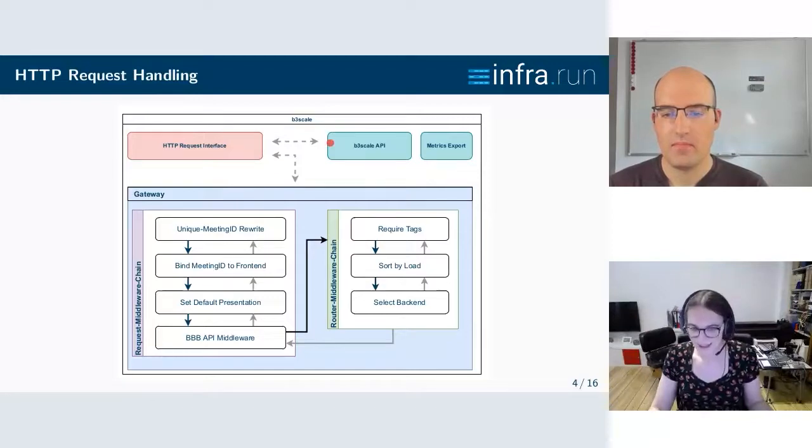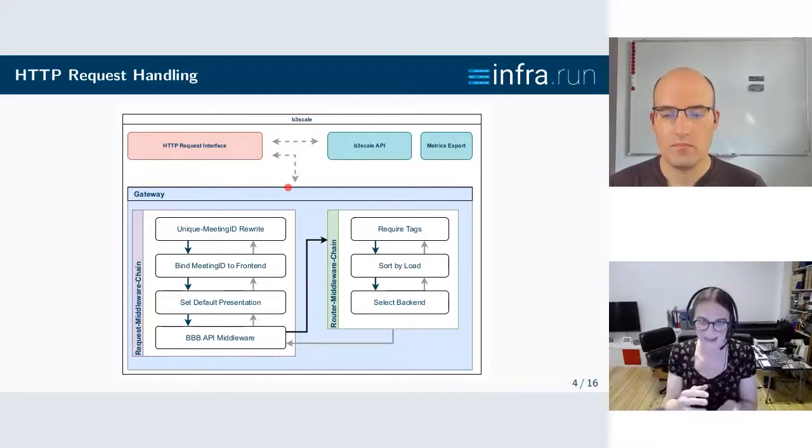As you see, HTTP requests are coming in and are decoded into BigBlueButton requests, and then these are basically hitting two middleware chains. The gateway is basically consisting of two middleware chains. Middlewares are basically functions taking another handler function, wrapping this handler function, and producing a new handler function, which is then basically dealing with the request.